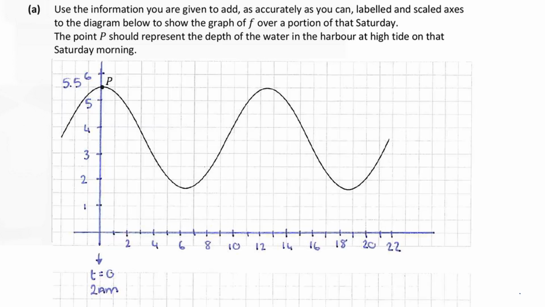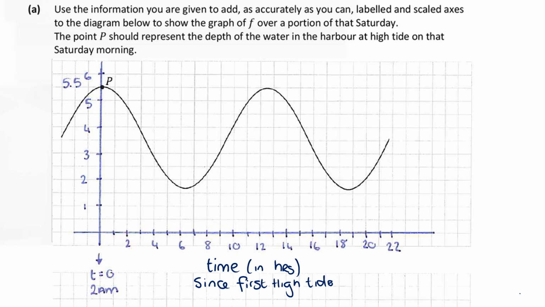The x-axis represents time in hours since first high tide, which happened at 2 a.m., and I've given there that t equals 0 is 2 a.m.